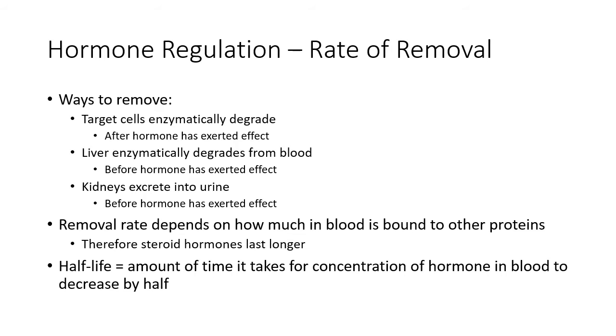So that means that when you release steroid hormones, they last a lot longer in the blood than peptide hormones do, because you'll always have a pool of those steroid hormones that's attached to their transport proteins. Then they're slowly released from the transport proteins so they can have an effect and be removed.